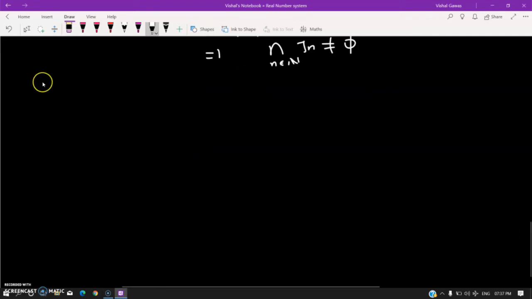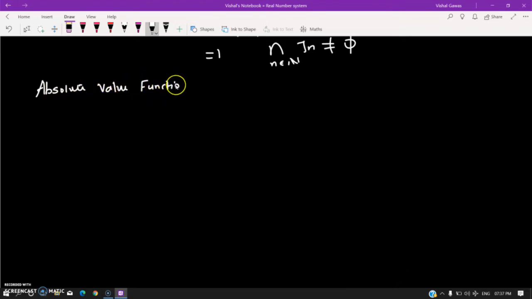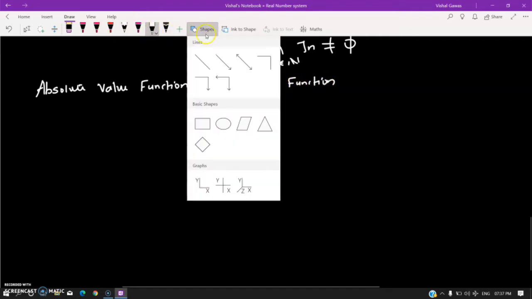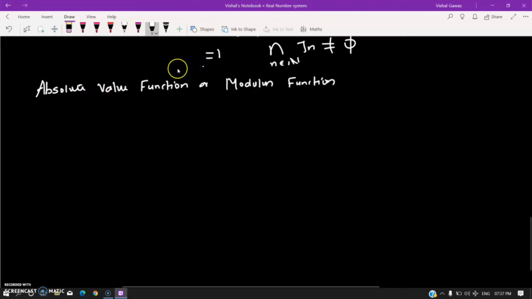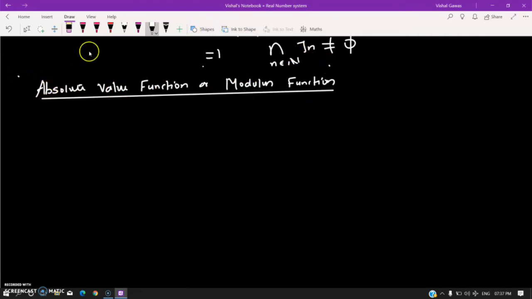So what we have is the absolute value function, or it is also called the modulus function, whatever you want to call it. Okay. All right. So let's define this.